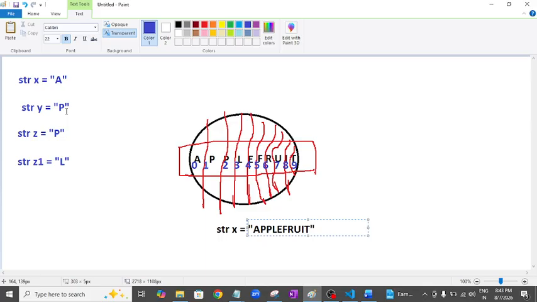So, sir, what I want to say is for each character, whether it is a character A, P, P, L, E, even after dividing, we have split the apple with one character.